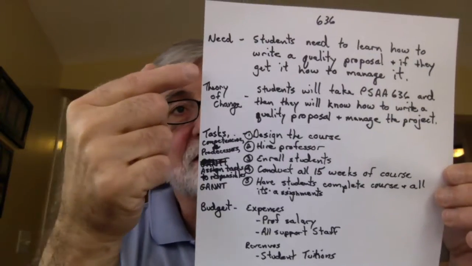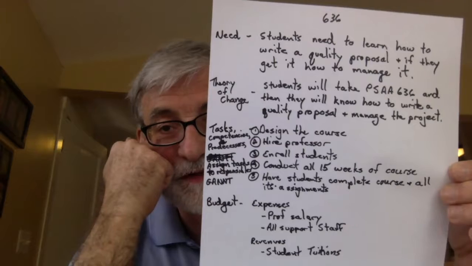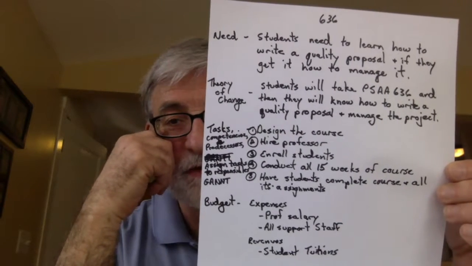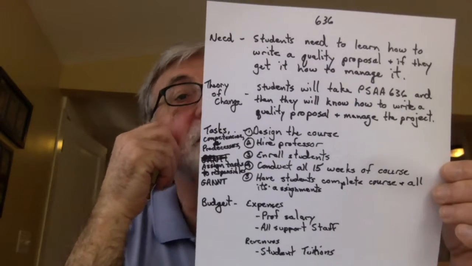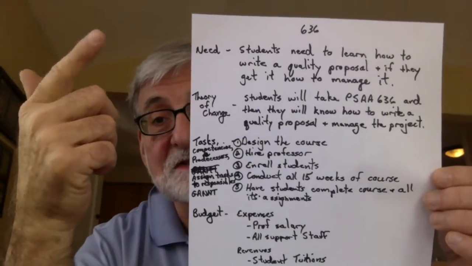And then the second thing I would do is talk about the need. There's a need for students to learn how to write a quality proposal, and if they get one, how to manage it. That's why we have this course, essentially.